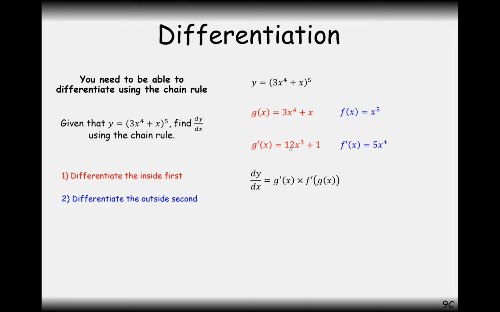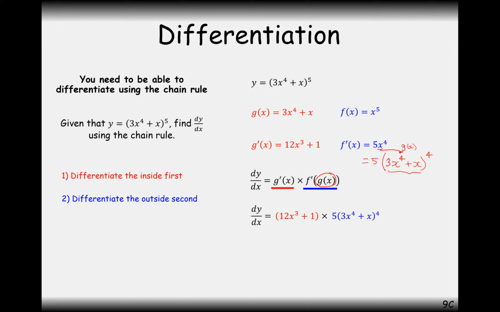And then let's apply our rules. So it's going to be the differential of the inside first. So dy by dx is going to equal 12x cubed plus 1, multiplied by the derivative of the outside function, but in terms of the inside function. So we're not going to write just 5x to the 4. We're going to write instead 3x to the 4 plus x to the power of 4, where the inside bit here, the x, has effectively become the g of x function.